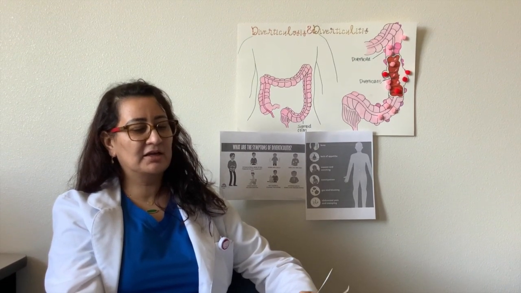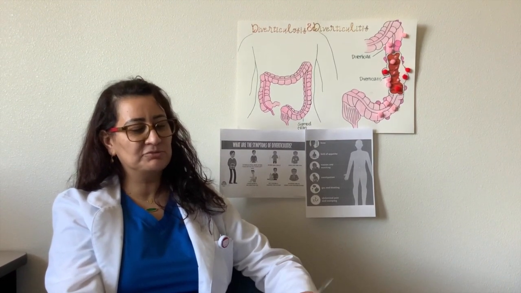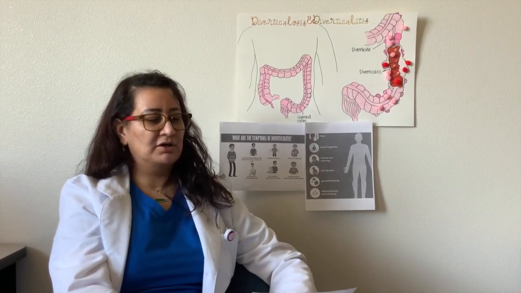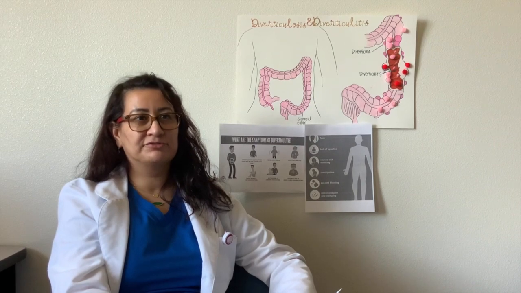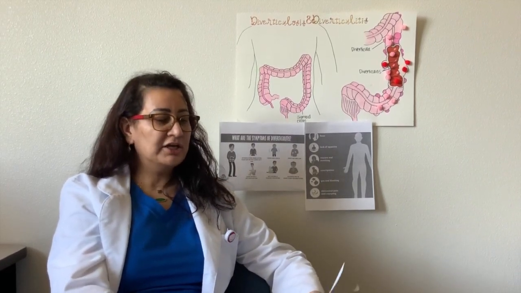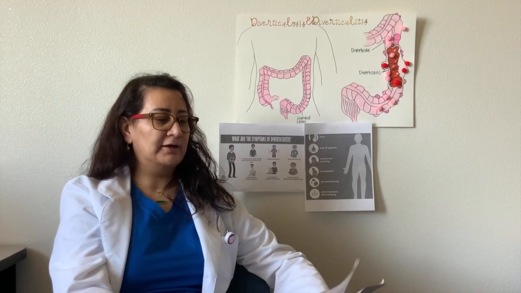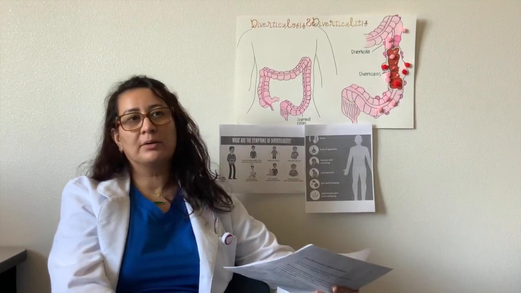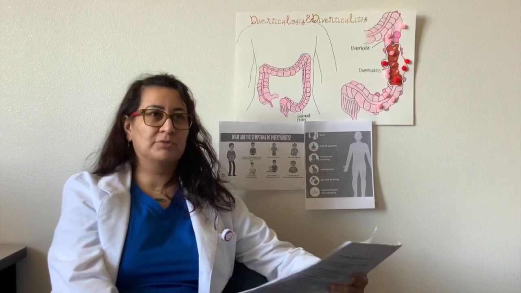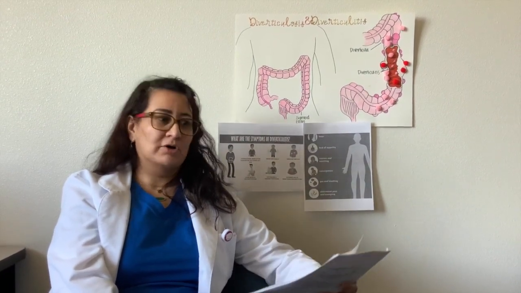So that's it. Symptoms of diverticular disease are also dependent on the severity of the disease and where it's located. Location is mostly the lower left quadrant and right lower quadrant.